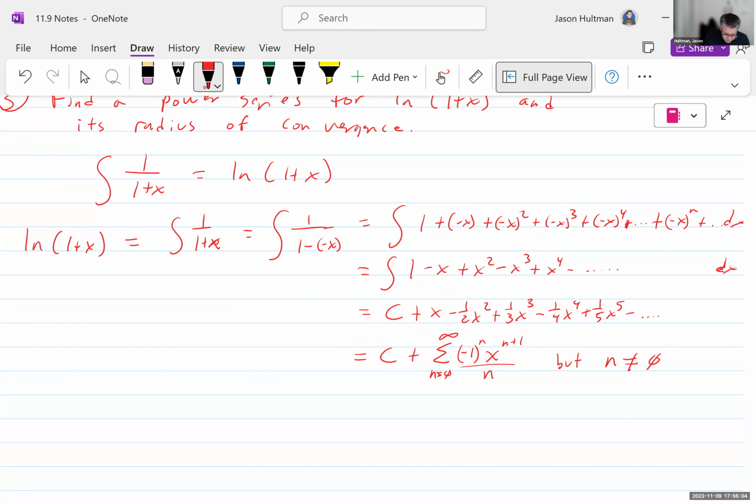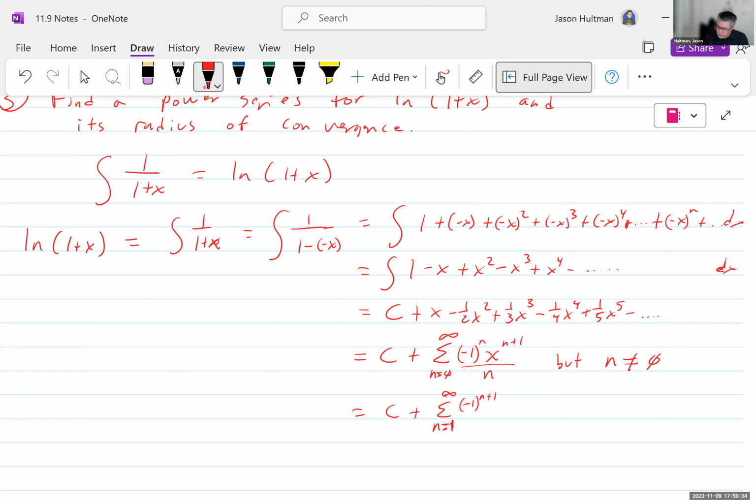Well, I could easily just change where the negative 1 starts off. If I do negative 1 to the n plus 1, then that starts me off. I'm sorry, we want 1 here for n equals 1. That will start me off at 2, which will still be positive.